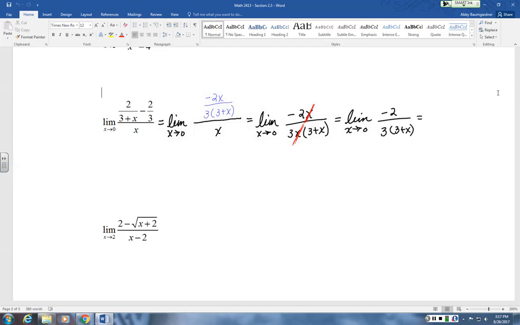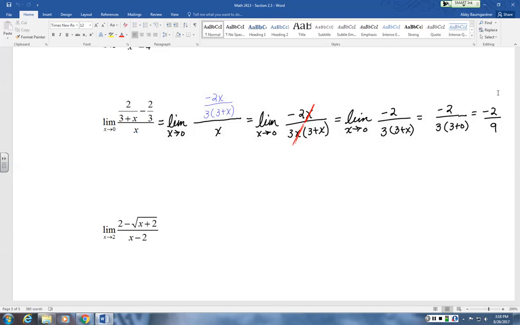Then you attempt to do a direct substitution. So whenever you do the direct substitution, you stop writing the word limit. 3 plus 0 is 3. 3 times 3 is 9, so we get negative 2/9. Now, you saw all the work that I had to do, all the scratch work I had to do on that. This is a perfectly legitimate way of doing this problem.